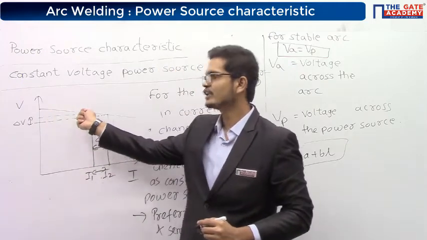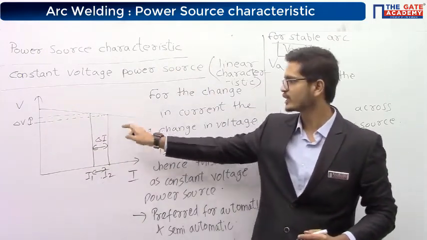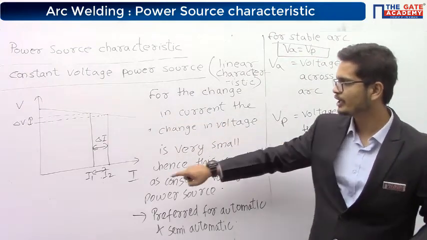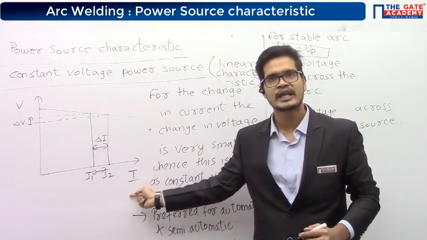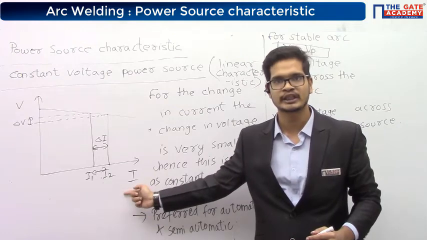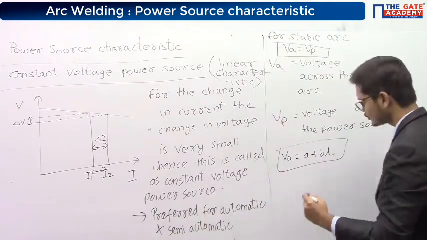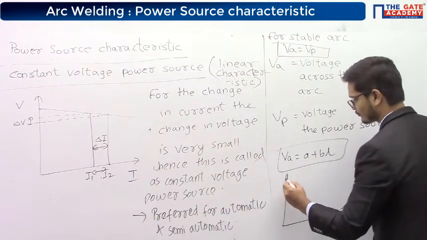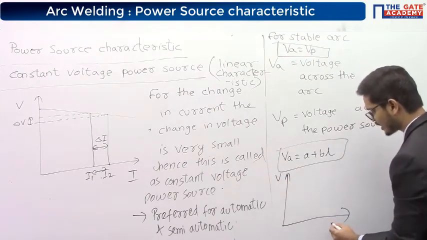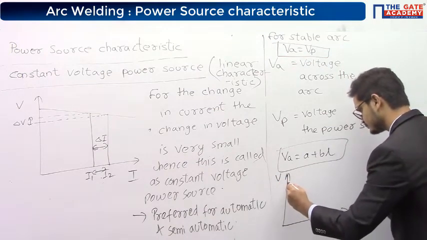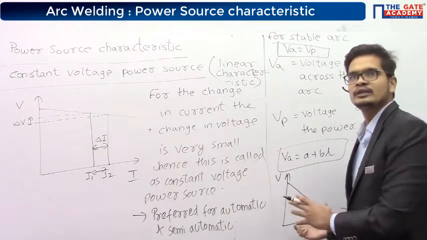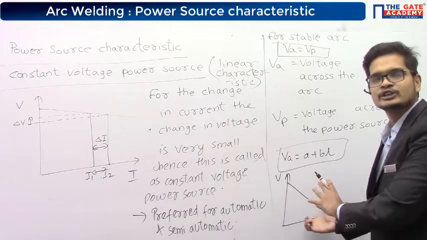If you extend this line, at some point this line is going to meet the current axis. Right? So if you draw that graph, V versus I, you can say that this is a very zoomed out image.